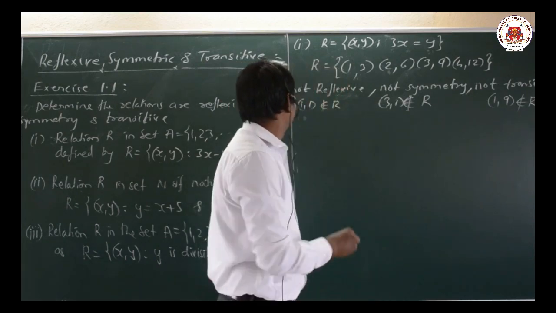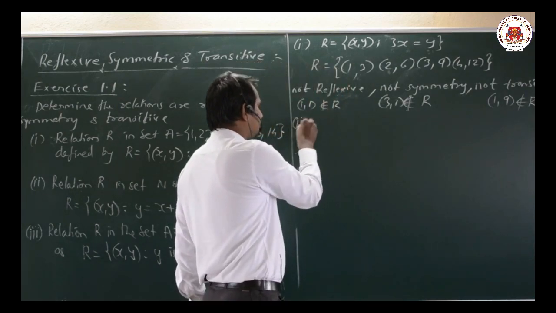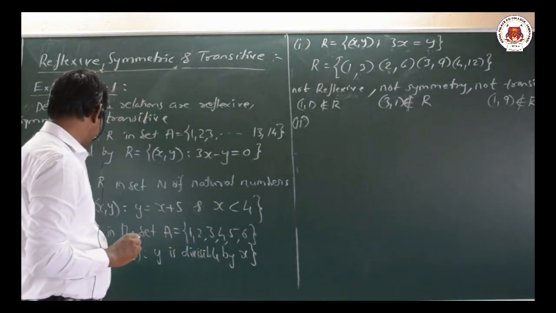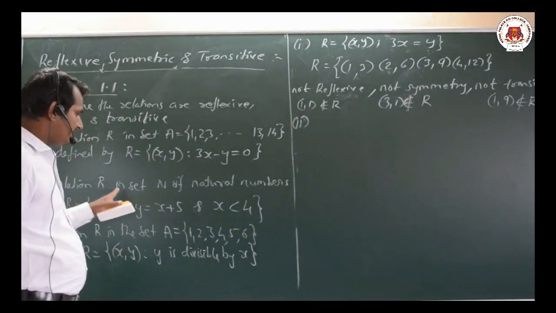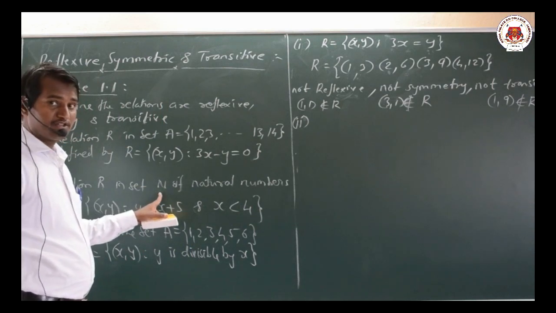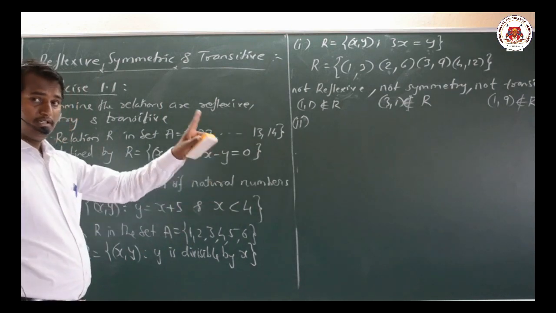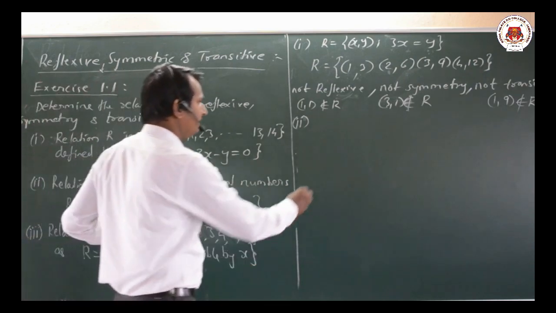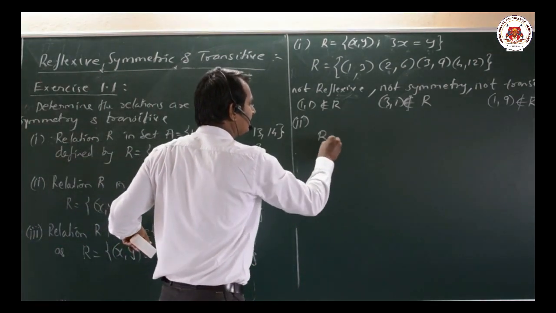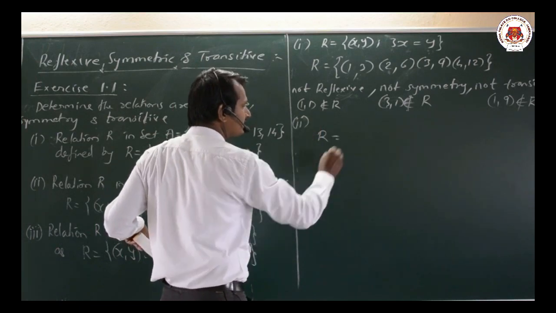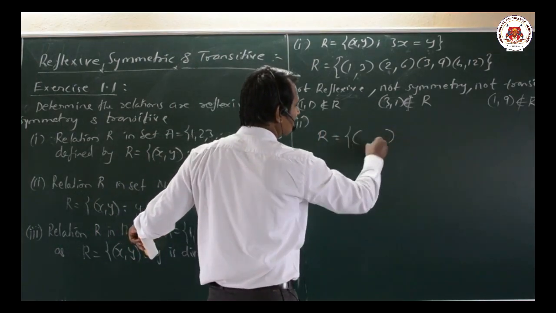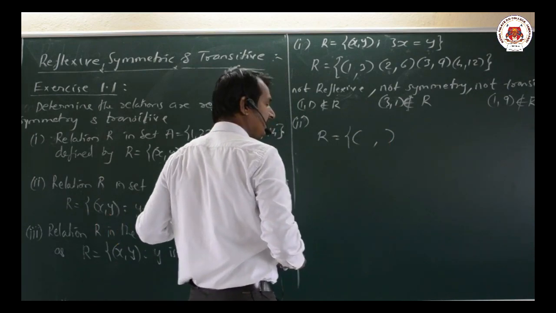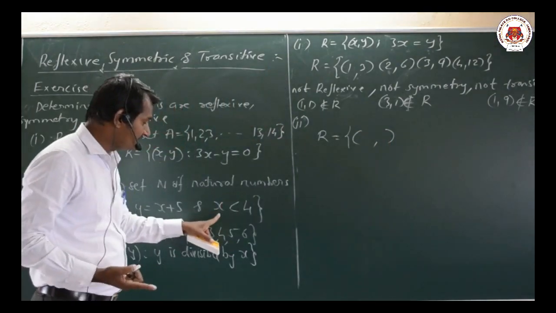Okay, now the next example, second one. What has he given? He has given a very simple relation R in the set of natural numbers. Natural numbers means 1, 2, 3, 4, until infinity. And he has defined R, in the roster form I will write, as R equal to {(x, y) such that y equal to x plus 5, and x is less than 4}.